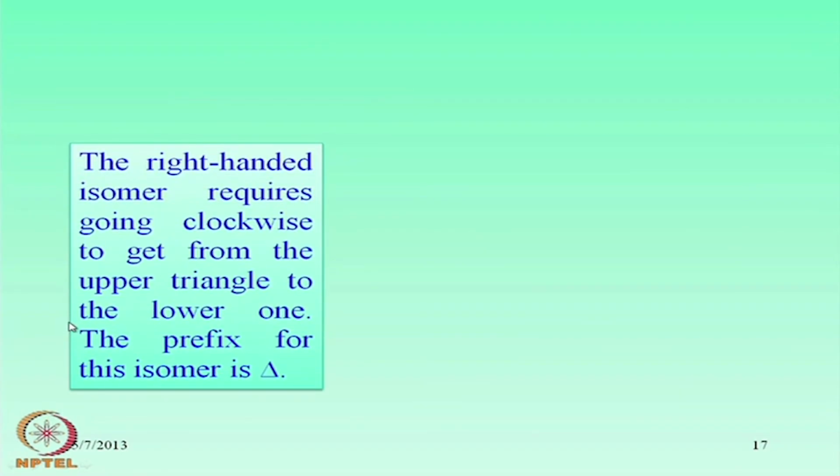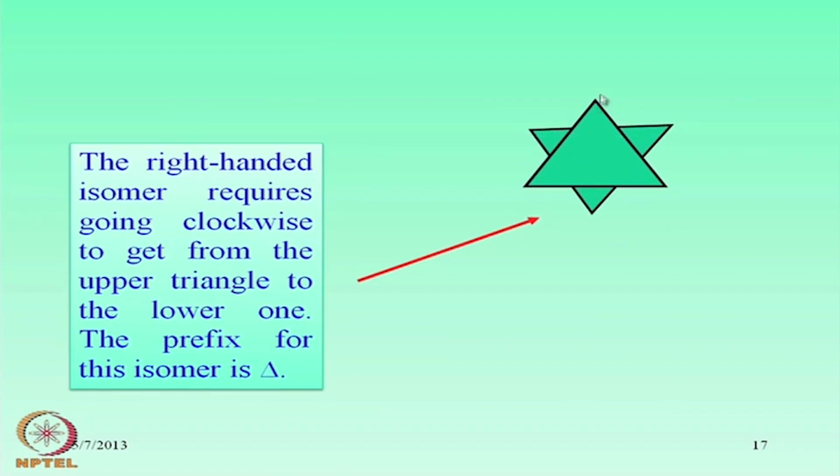So the right-handed isomer also requires going clockwise to get from the upper triangle to the lower one. If the isomer is of the right-hand type, then we view it through the two triangular faces, and one such triangular face is facing us the way we have drawn it just now.